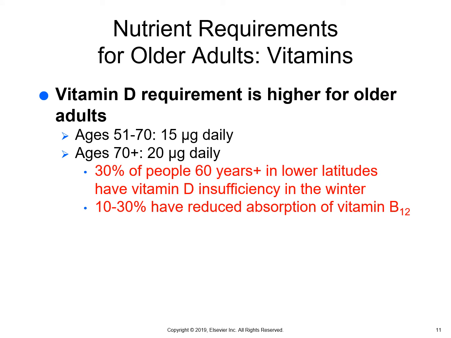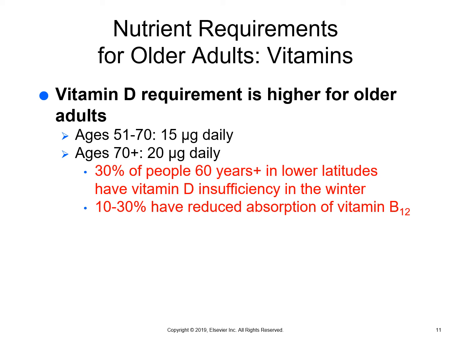Vitamin D, like I said, is one of the vitamins that requires more. For ages 51 to 70, it's 15 micrograms, and then once we reach 70, they bump that up 5, because 30% of people 60 years and over in lower latitudes have vitamin D deficiency in the winter. They aren't exposed to the sunlight as much. They stay indoors.